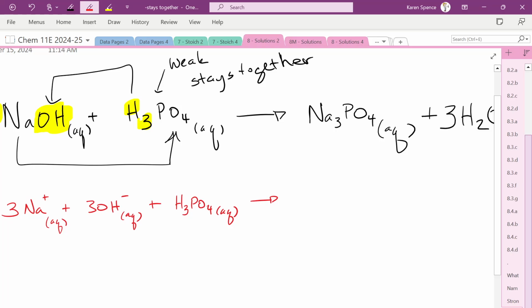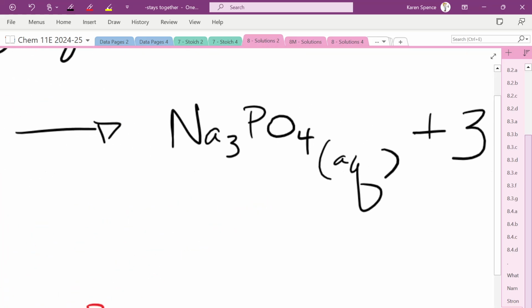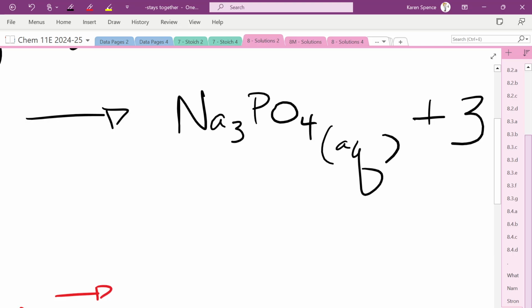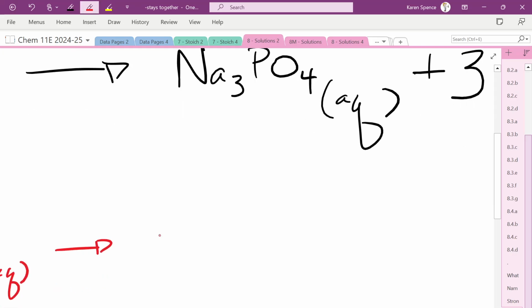Na3PO4, together or apart? Tell your partner. It's ionic, it's aqueous, it should be apart. So 3Na plus PO4.